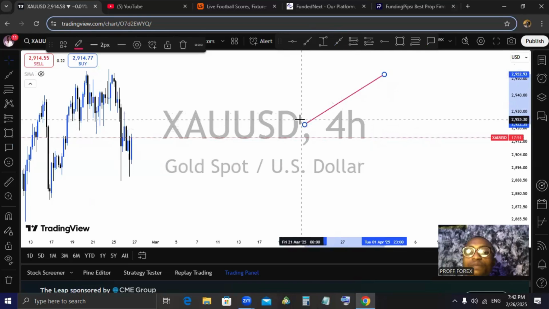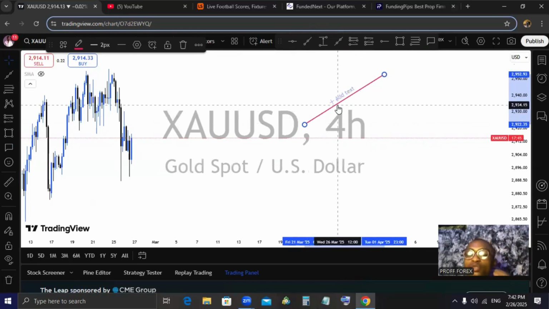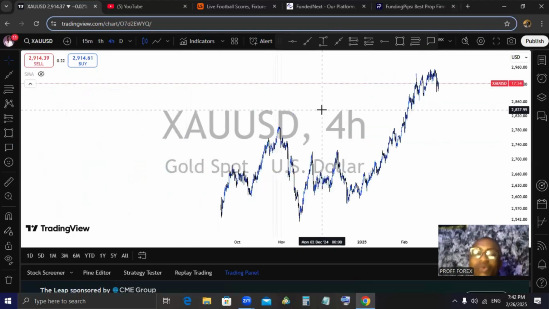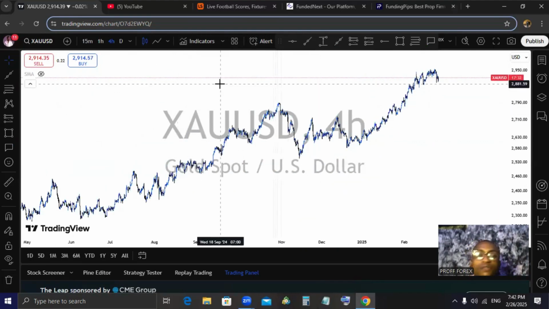From this zone here is 1 touch, and there has to be another touch anywhere here to confirm that this trend line is confirmed and is good to go. So let me delete it then. So let's go to the 4-hour time frame.